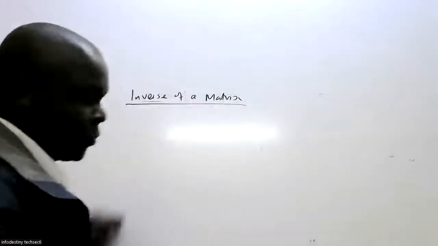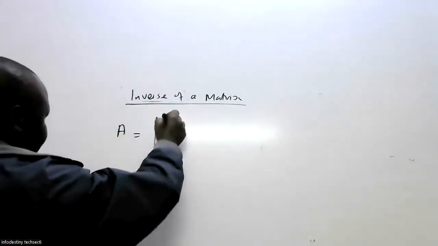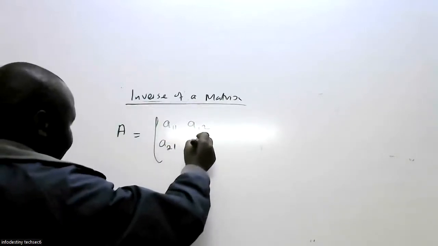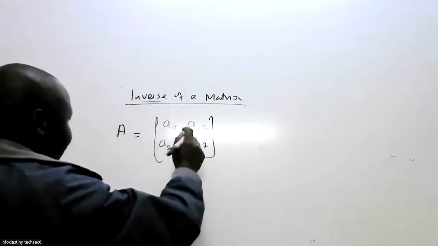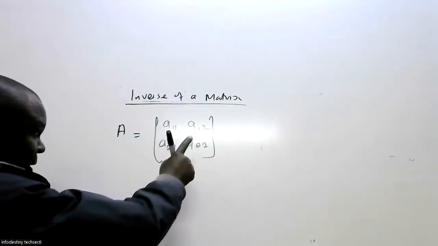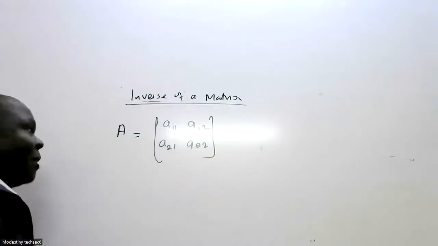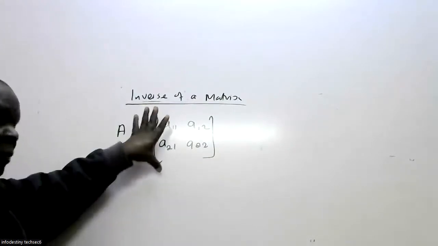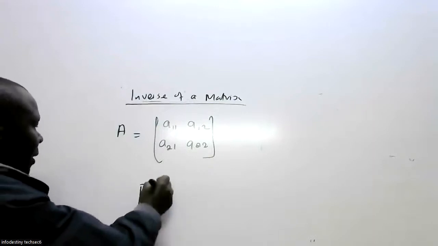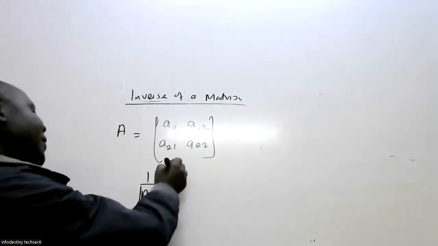Now, in this case, we are trying to look at this particular matrix. If your matrix A equals [A11, A12; A21, A22], then the inverse of this matrix will be equal to 1 over the determinant of the original matrix, times the bracket.